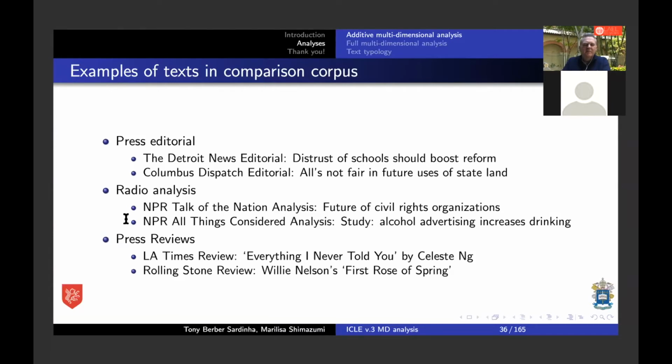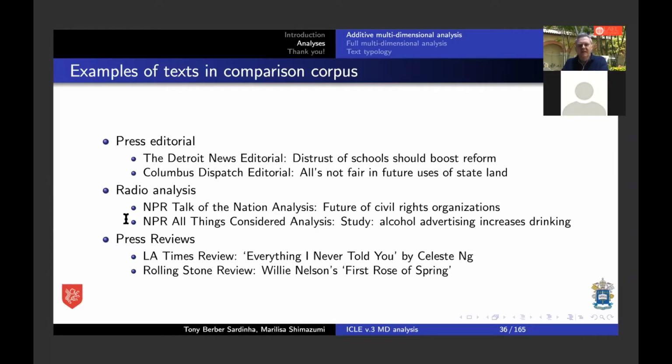So for press editorials, you have things such as from the Detroit News newspaper, distrust of schools should boost reform. And from the Columbus Dispatch newspaper, all's not fair in future uses of state land. For radio, these are from National Public Radio, NPR, Talk of the Nation program.